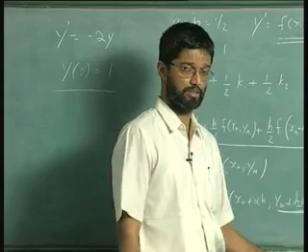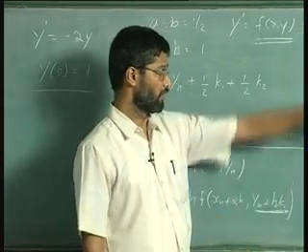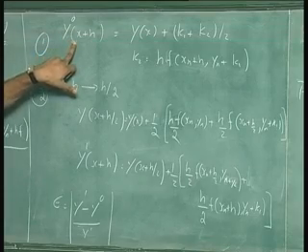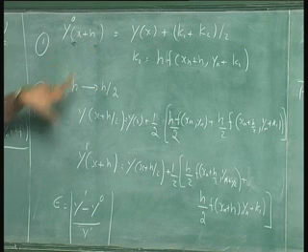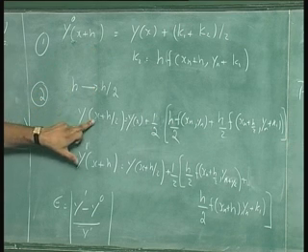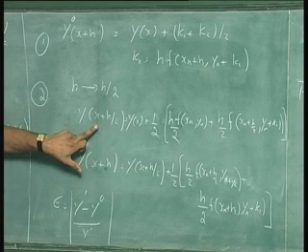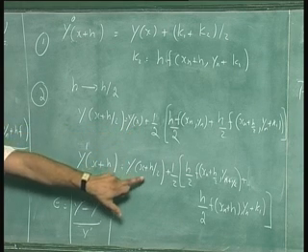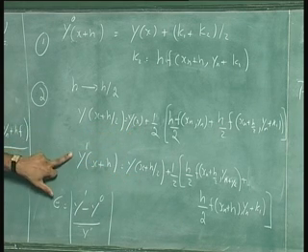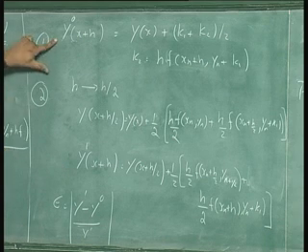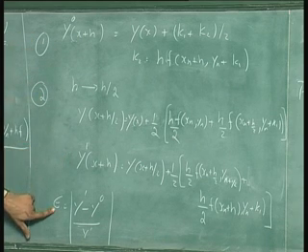So what is the summary? I go to x plus h in 1 step, or I go to x plus h by 2 and then to x plus h, in 2 steps. I compare the values I get from these two and compute an error.